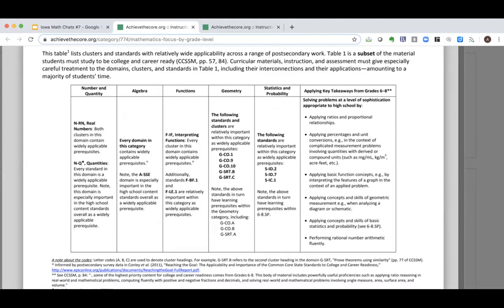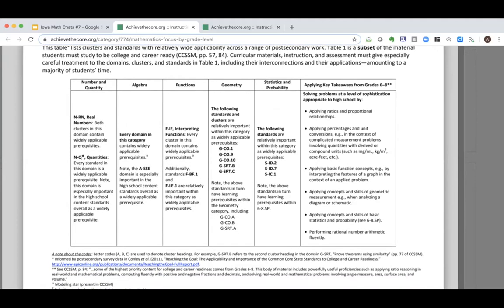Well, for example, you will see here that in the standards, they call out which ones are those major clusters that we want to make sure that students understand, or they call them out by the domain. So for example, here in real numbers, it says both clusters in this domain are widely applicable. That means the students need both of those clusters under numbers.